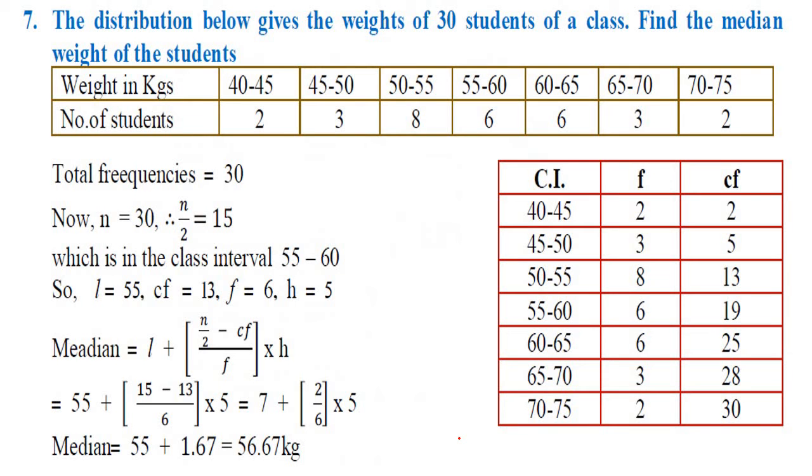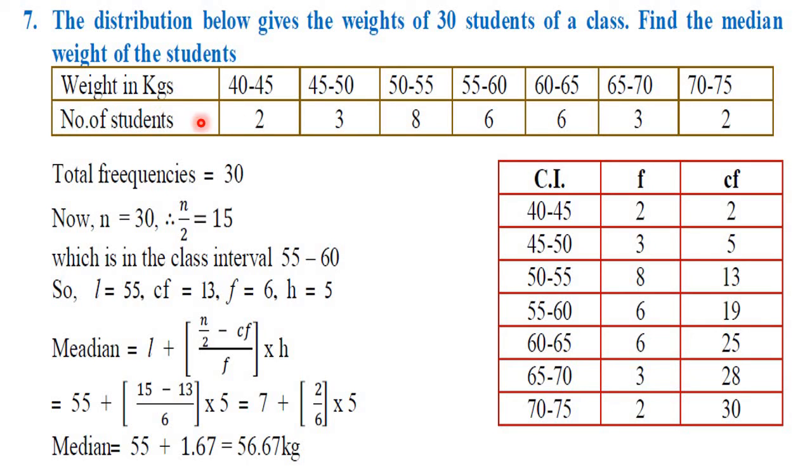Let us move to the next problem. The distribution below gives the weight of 30 students of a class. Find the median weight of the students. Here weights are given 40 to 45, 45 to 50, 50 to 55, 55 to 60, 60 to 65, 65 to 70, 70 to 75.